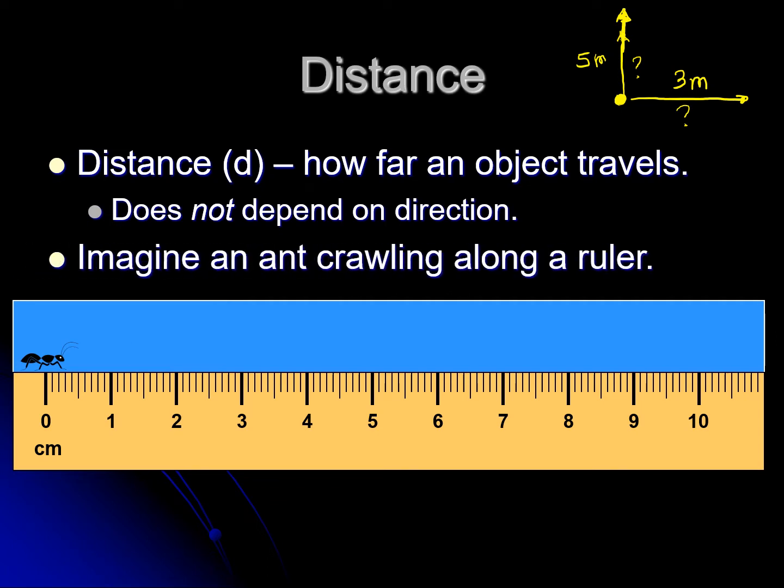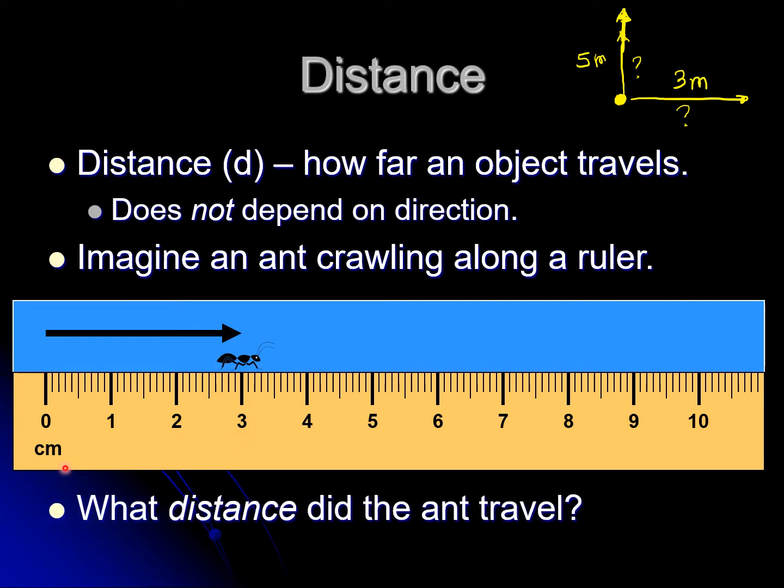We have here an example of an ant that is crawling along a ruler. Let's look at this ant moving on top of the ruler. The ant moves from 0. My 0 here is my reference point. It moves in a linear direction going to 3 centimeters.